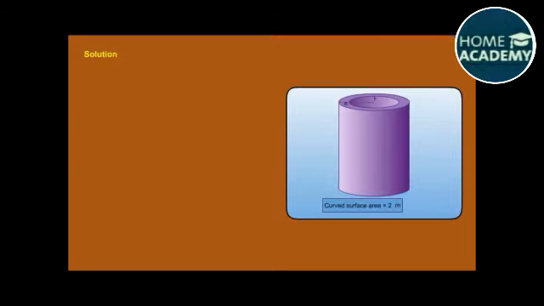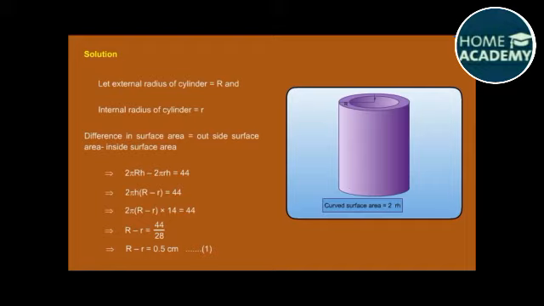Solution. Let the external radius of the cylinder be capital R and the internal radius be small r. Difference in surface area is outside surface area minus inside surface area. It implies 2 pi capital R h minus 2 pi small r h is equal to 44.